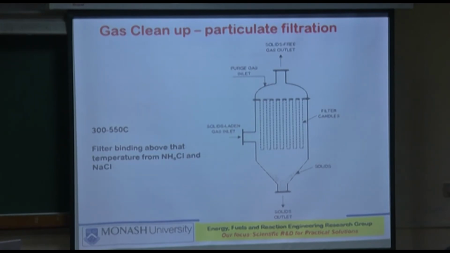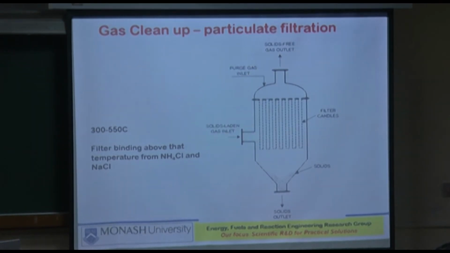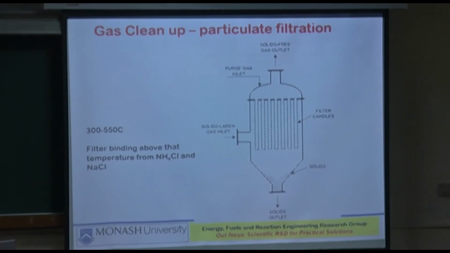Some of them will stick to the surface, and some of them will go inside the tube and then come out through here, and that's where the remaining fine particles, together with the gases, will come out. So it's not quite solids free, but the majority is solids free, cleaner gas comes out from here.